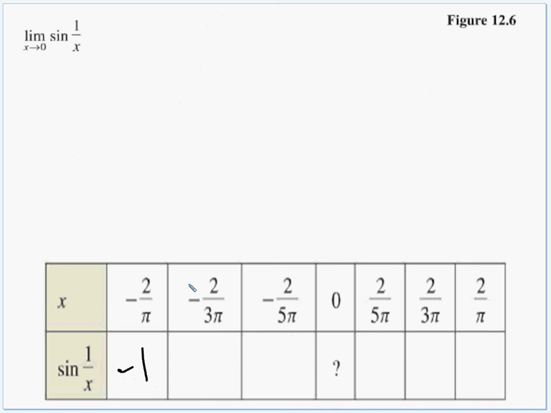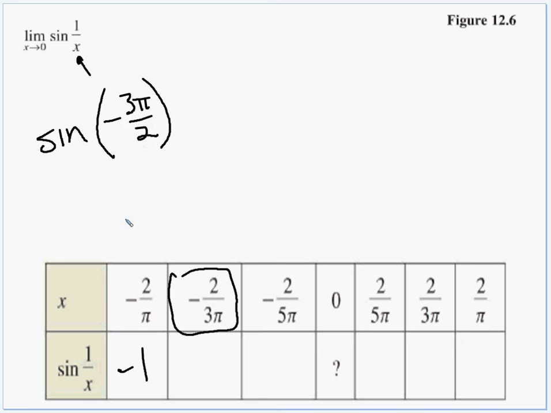If I put this negative 2 over 3 pi in for this x, just like the last one, that's going to come up and flip. So now it's negative 3 pi over 2. So the sine value of that, again, we're going negative, so here's negative a half pi, negative 1 pi, negative 1.5 pi, negative 3 halves.